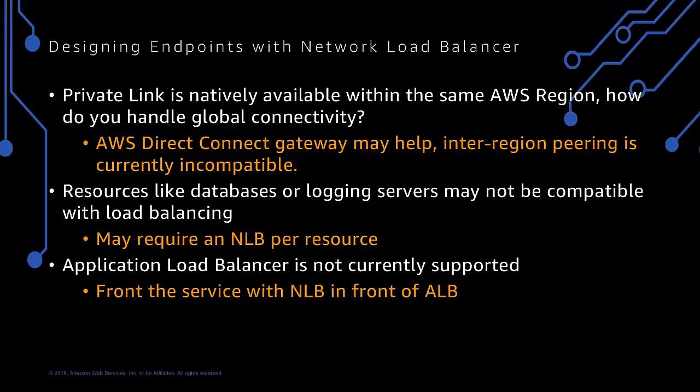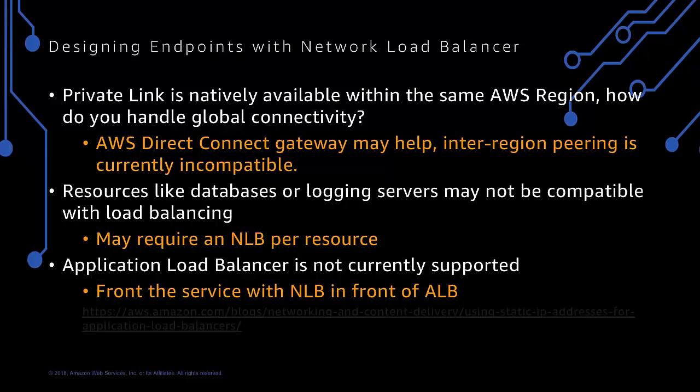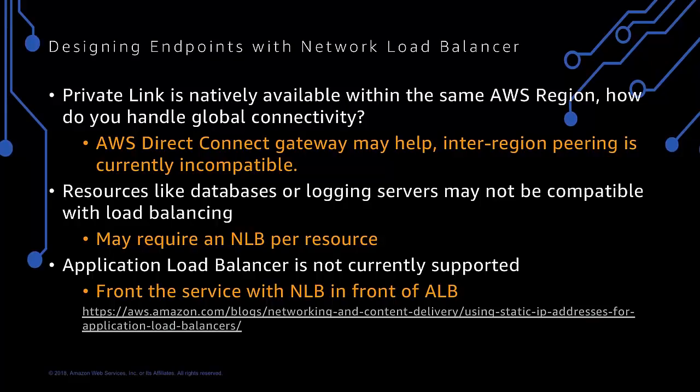There's a blog post that got posted a few weeks ago where we have some automation and some lambda scripts that automatically keep the network load balancer in synchronization with the application load balancer. So if you're interested in doing that, I would check out that blog post.